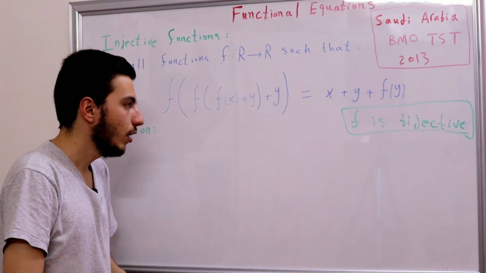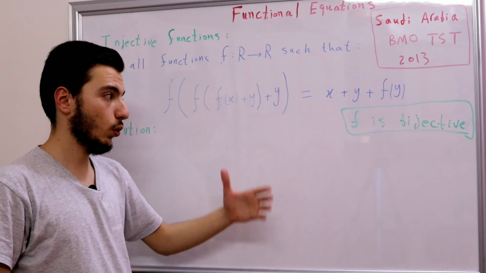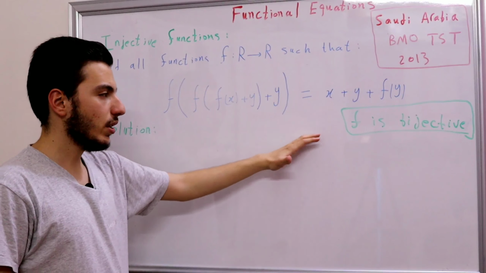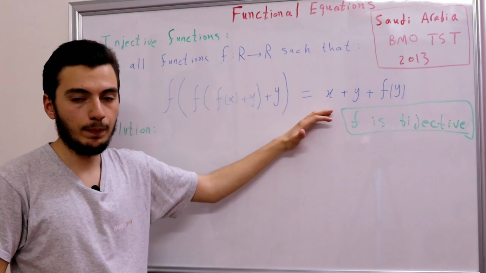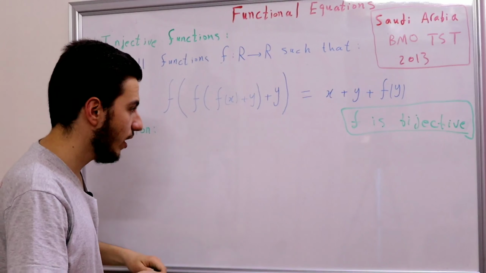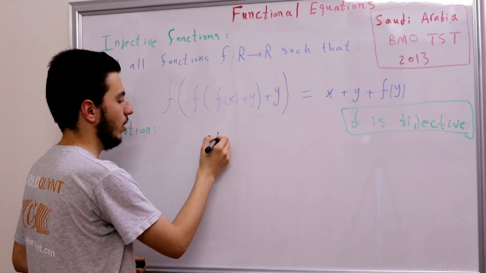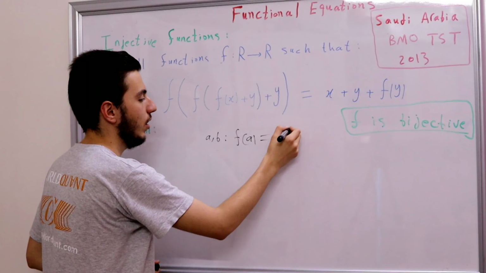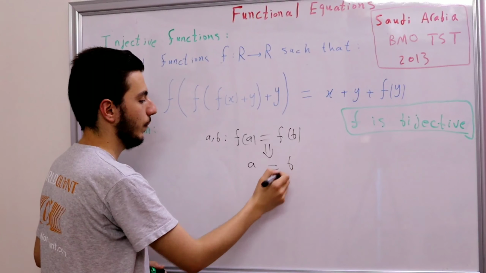Okay, what about now? How can we use this injectivity in order to solve our functional equation? Well, let's discuss the meaning of injectivity again. From the definition, we've seen that if we have a and b such that f of a is equal to f of b, then that means a equals b.